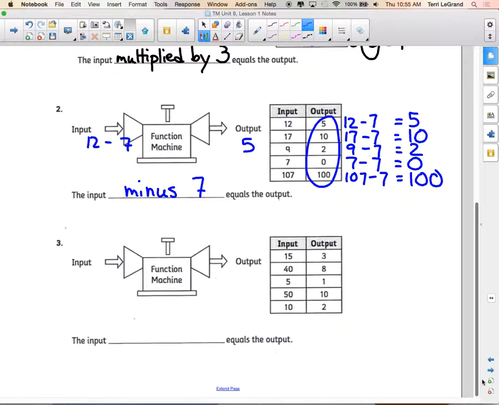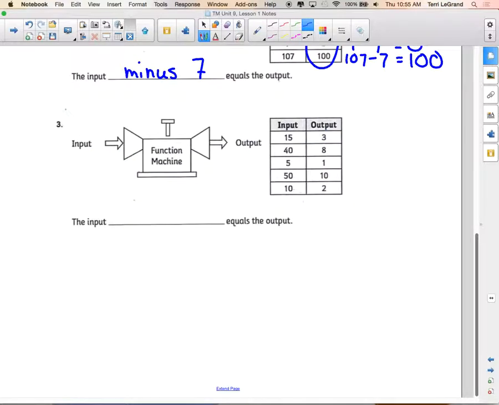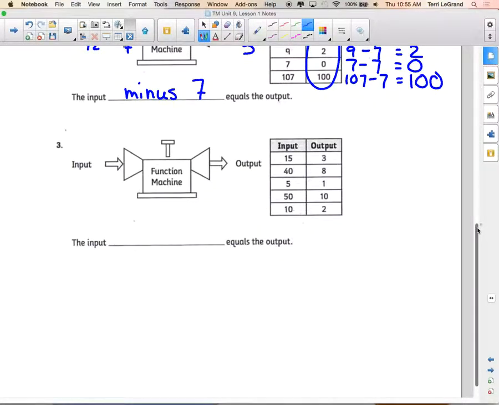Okay, you try number 3 totally on your own. See what happens. Don't forget to support your answers over alongside the table.